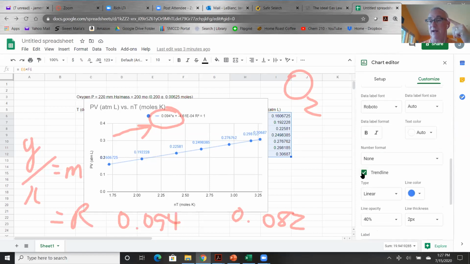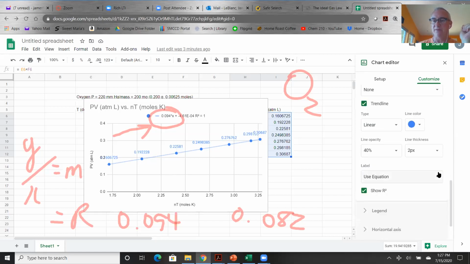You click on trend line. That will fit a straight line through all the points that you've plotted. And then when you want to see what it is, you go down to label and select show the equation or use equation, and it'll plot that for you. It'll give you the slope.